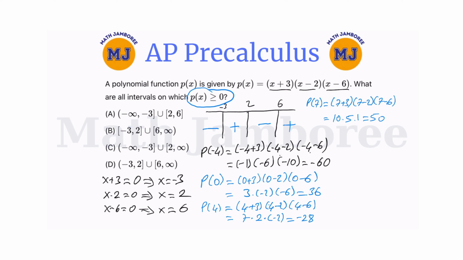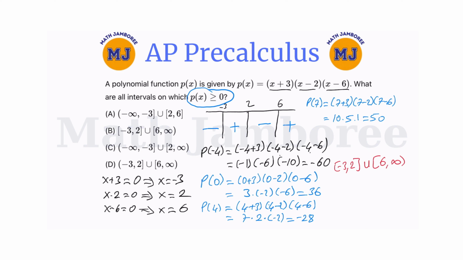So our interval will be the closed interval from negative 3 to 2, union the closed interval from 6 to positive infinity.